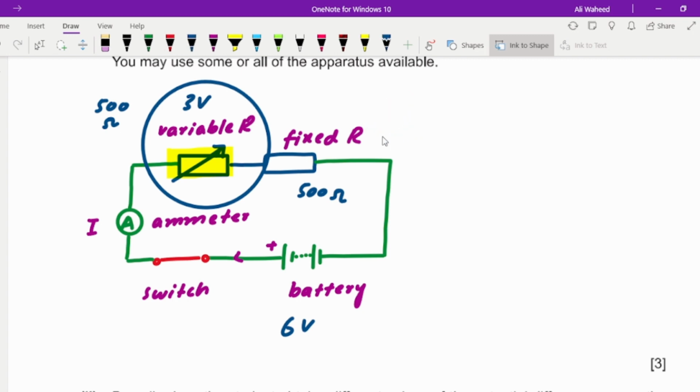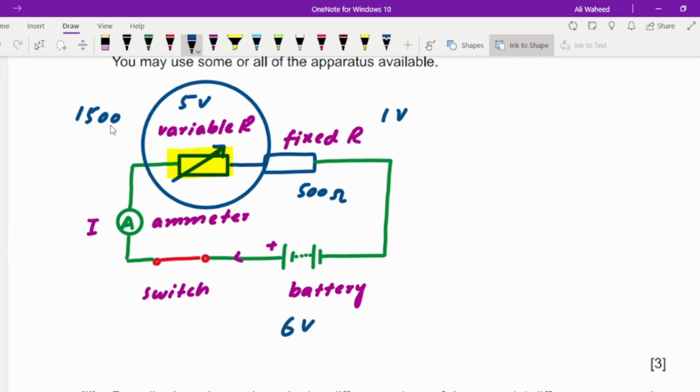If I want less voltage across this one, let's say only 1 volt over here, then I have to increase the value of the variable resistor, and by increasing it, more of the battery's voltage would be given to the variable resistor, and only a fraction of the battery's voltage would be given to the fixed resistor.